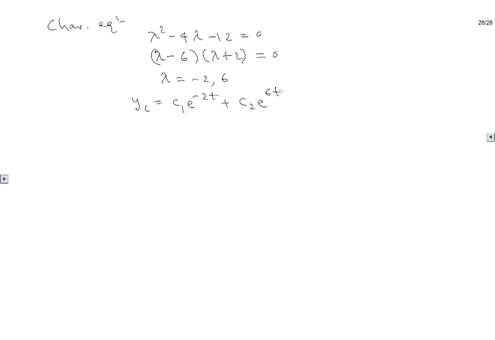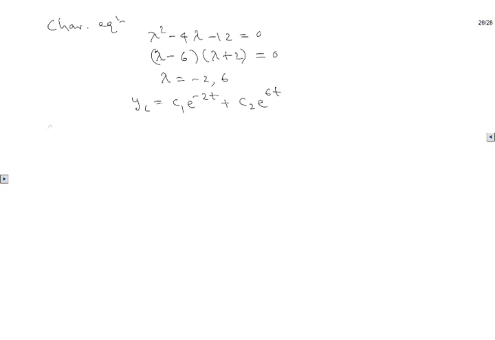So if you just assume that your solution is a e to the 6t and plug that into the equation, because e to the 6t is a solution, the left hand side of the equation is going to be 0. So you're going to get a contradiction in this case.